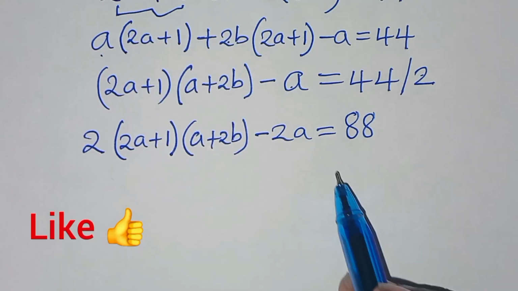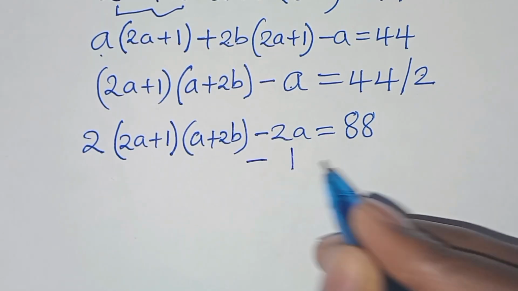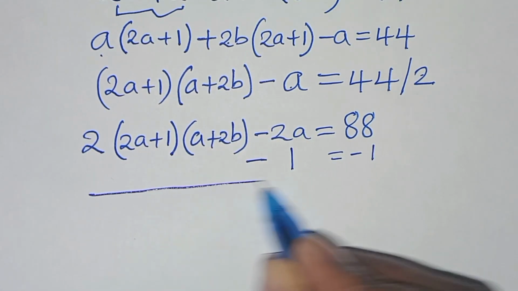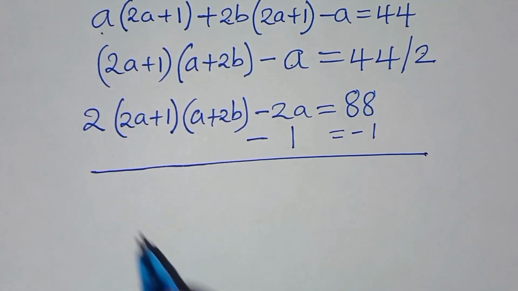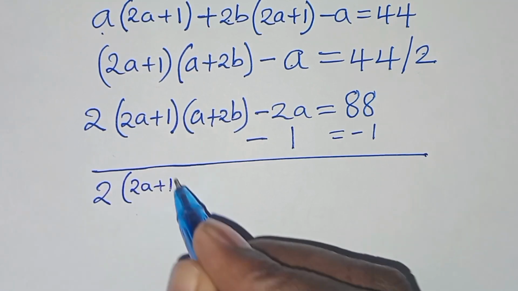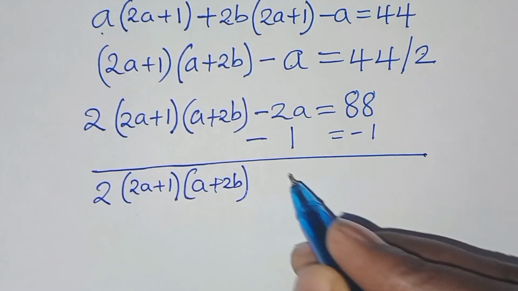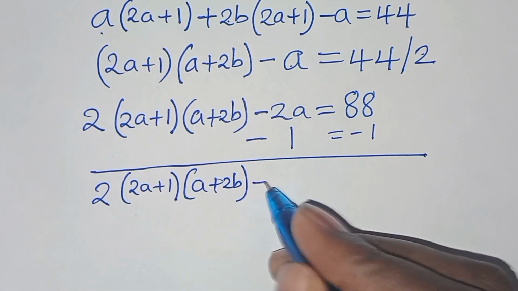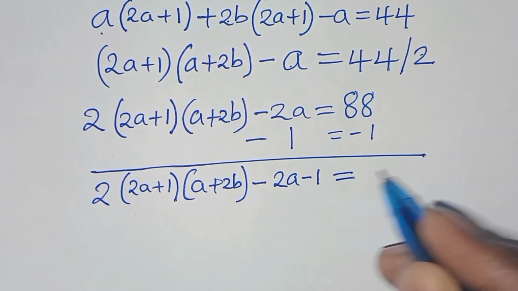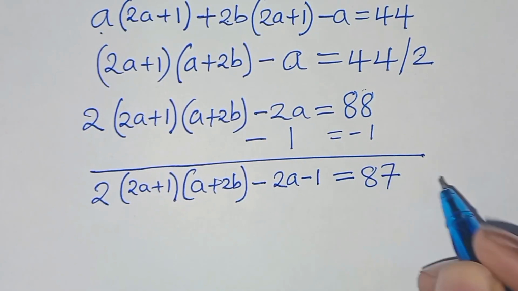Now the next step from here, let's subtract 1 on both sides, so that now we have 2 multiplied by 2a plus 1, a plus 2b, then minus 2a subtract 1, equal to 88 minus 1. This is 87.